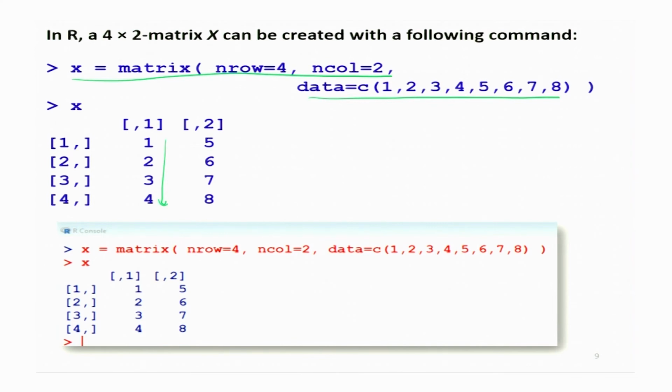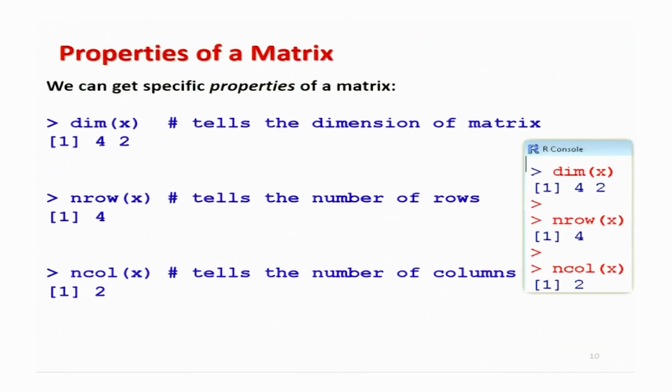Whenever you use a matrix, suppose some matrix is given to you and you want to know the information about it. One piece of information you are always interested in is the dimension of the matrix: how many rows are there, how many columns are there, and so on. In order to know the dimension of the matrix, we have the command dim, and within the parentheses if you write the name of the matrix, it will give you the information like this: 4, 2.